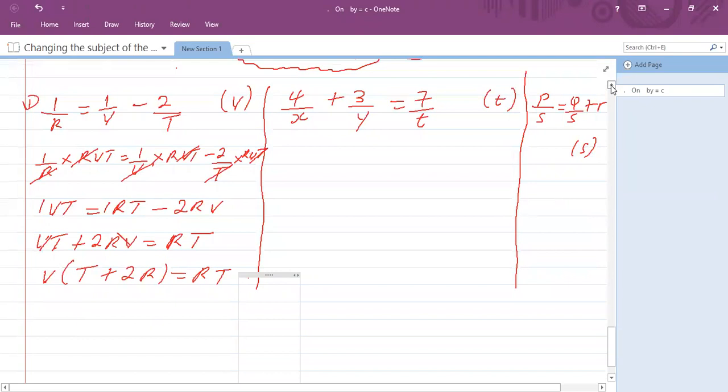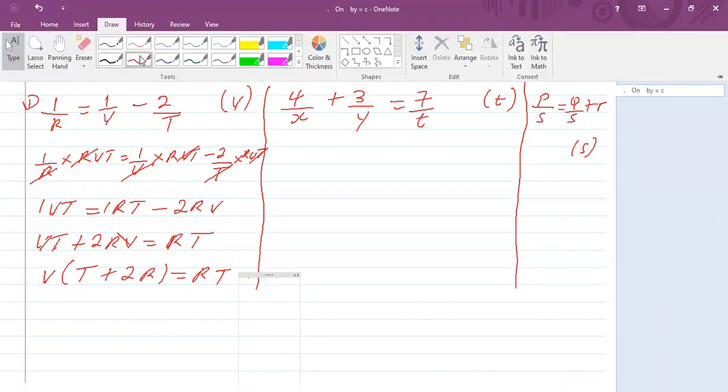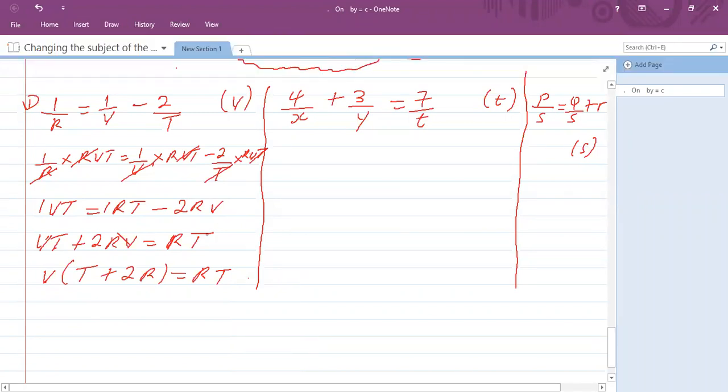Whatever you have inside the bracket, it's multiplying. So you send it to go and what? We divide everything, am I right? Yes, sir. So we are going to get V(T plus 2R) divided by (T plus 2R) is equal to RT divided by what?